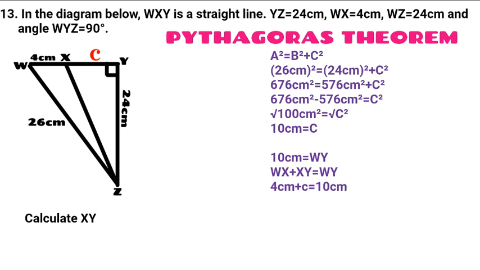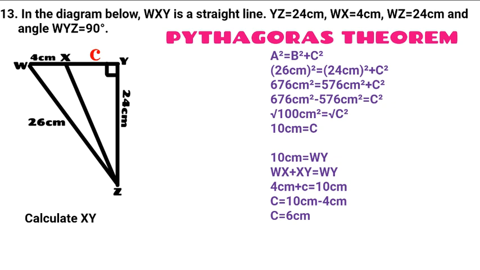Then I put like terms together: C is equal to 10 centimeter, then 4 crosses the equal sign and becomes minus 4, giving 10 centimeter minus 4 centimeter. The difference of 10 and 4 is 6, so C is equal to 6 centimeter. So the length of XY is 6 centimeter.